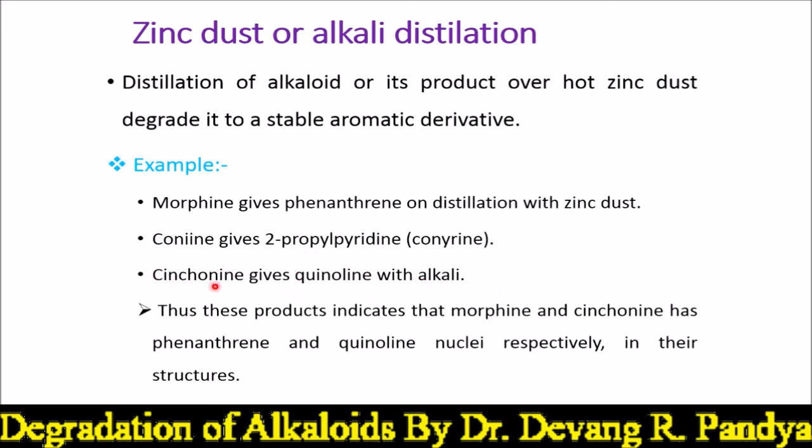It means that cinchonine has a quinoline nucleus, a quinoline skeleton in it. Thus this product indicates that morphine and cinchonine have phenanthrene and quinoline nuclei respectively in their structure. This you need to remember as far as the MCQ part of this syllabus is concerned.